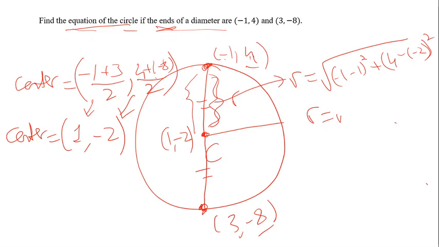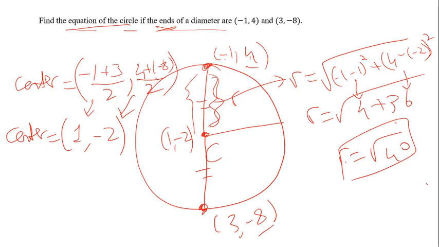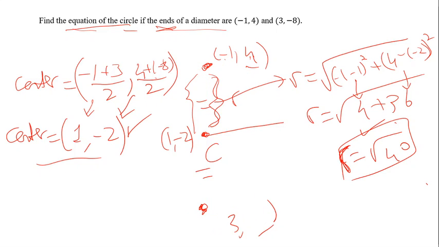So this turns out to be the square root of 4 plus, you can check this one, 36, so it will be square root 40. Now we know the center, we know the radius, so this is easy to do.